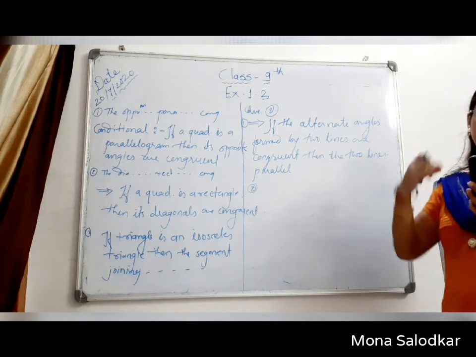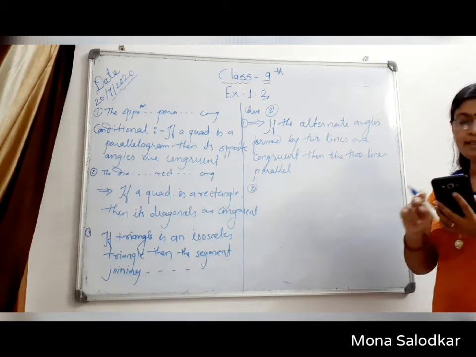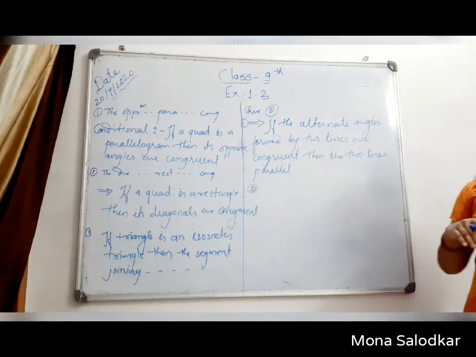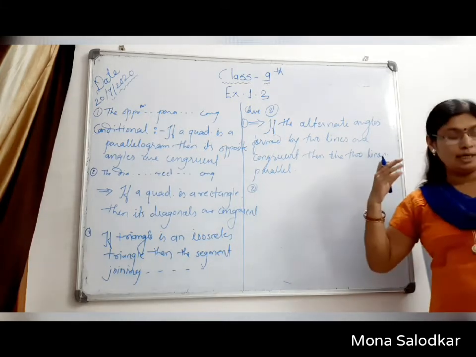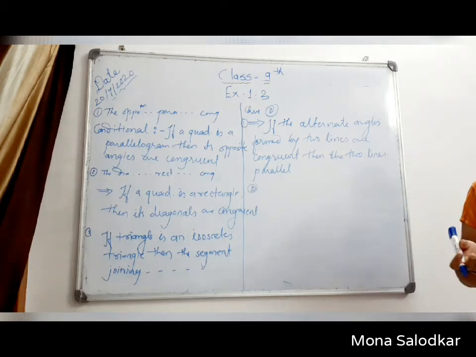If the pair of interior angles made by transversal of two lines are supplementary, then the lines are parallel. Here lines are given parallel. You have to show that what is given, interior angles are supplementary, then you have to show that the lines are parallel.